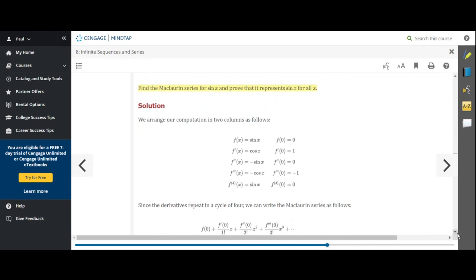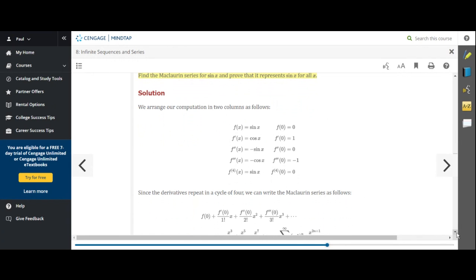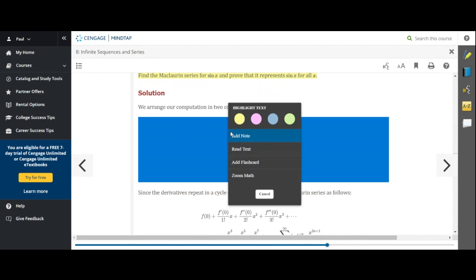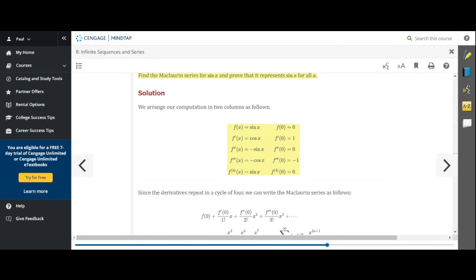So here in example 4, you have the function sine of x, and you're going to take enough derivatives so you can evaluate some terms, because you need to if you're going to find the Maclaurin series. So there's f of x equals sine of x, and the first 4 derivatives of sine of x.